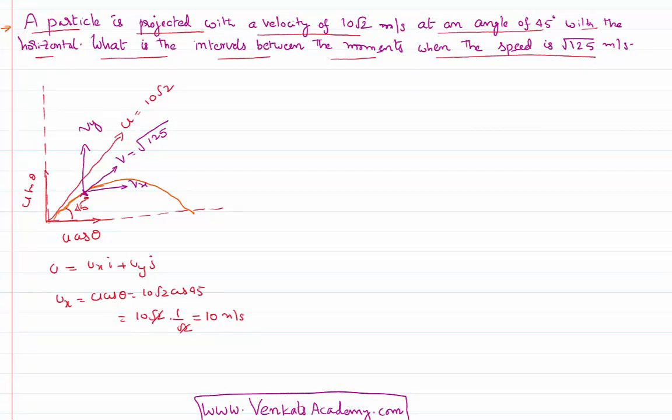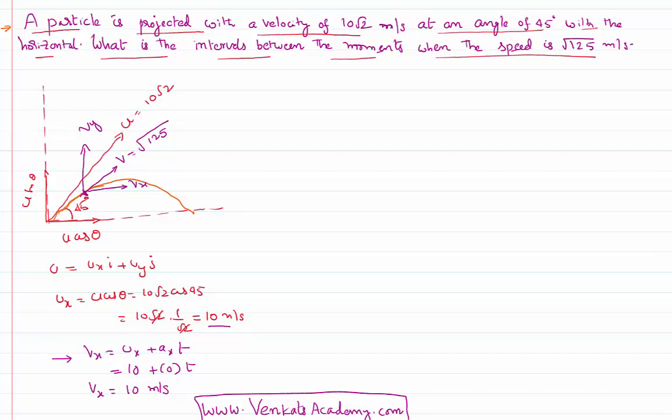I can write vx as ux plus ax into t. Ux is nothing but equal to 10, like we have proved. There is no acceleration acting along the x direction. So velocity of the projectile in the horizontal component always remains constant. That's nothing but equal to 10 meter per second.